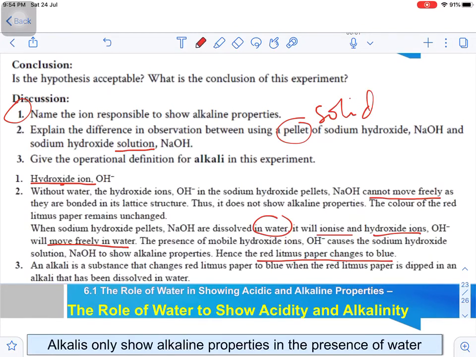Operational definition for alkali: an alkali is a substance that changes red litmus paper to blue. This is what you observe. When the red litmus paper is dipped in an alkali that has been dissolved in water, this is what you do.